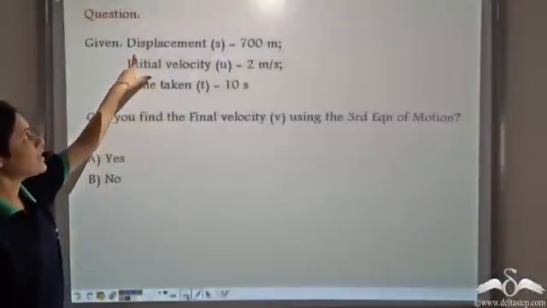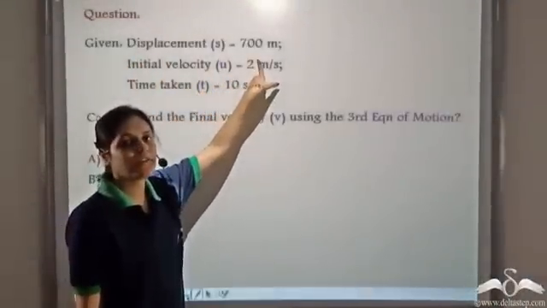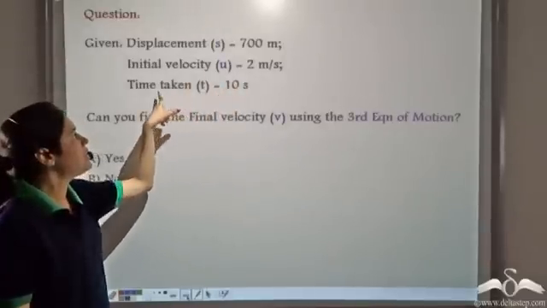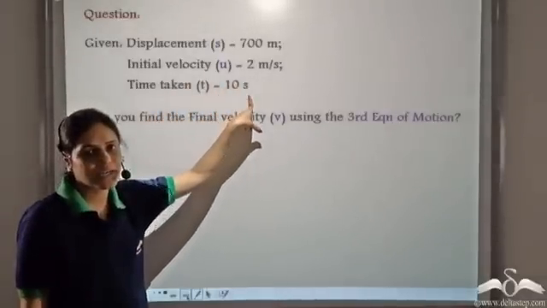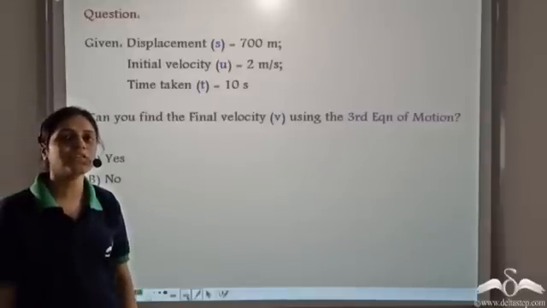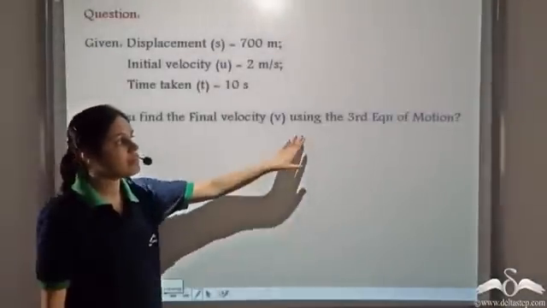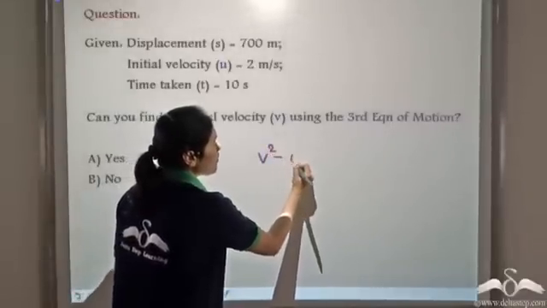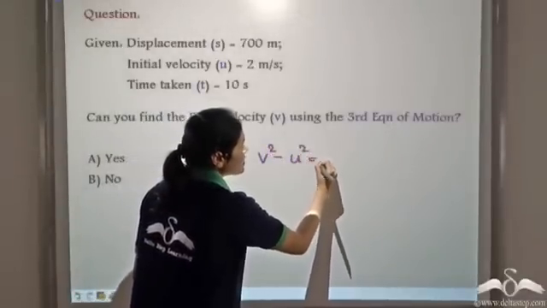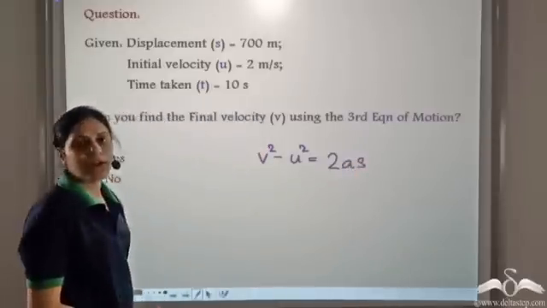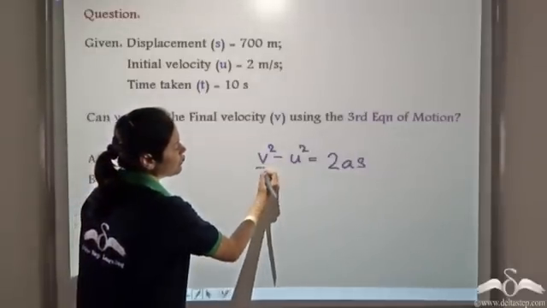Now we are given that displacement is equal to 700 meters, initial velocity is 2 meters per second, time taken is 10 seconds. Can you find the value of final velocity using the third equation of motion? Well, the third equation of motion is v square minus u square is equal to 2as. We have to find the value of v here.